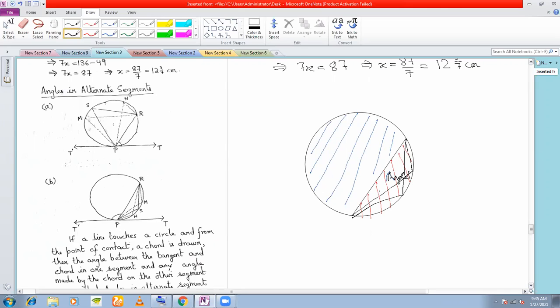All these angles are angles in the red segment. And you have another angle here, say like this, on the same chord. You can have another angle here. So all these angles, even this angle here, are angles in the blue segment, the major segment.